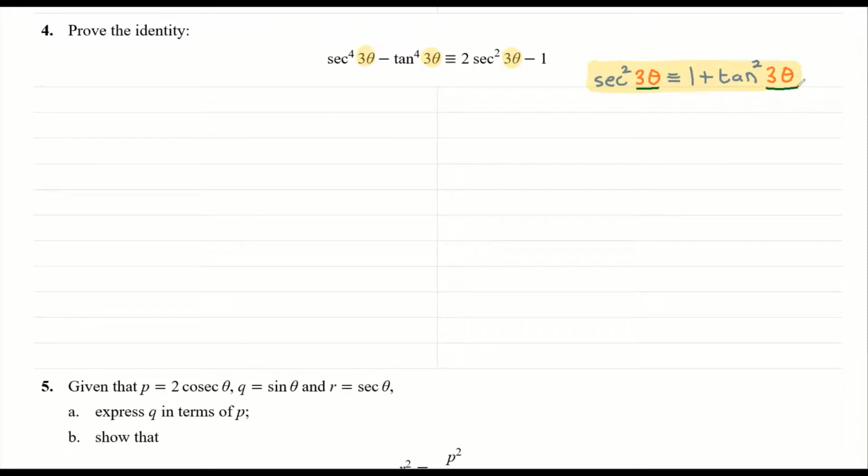It's just to make it look more complex, but it's not. The angle, you can call it whatever you like, it doesn't matter. Now let's see how we can approach this. Well, we've got power 4s on the left-hand side, which is a little bit worrying.